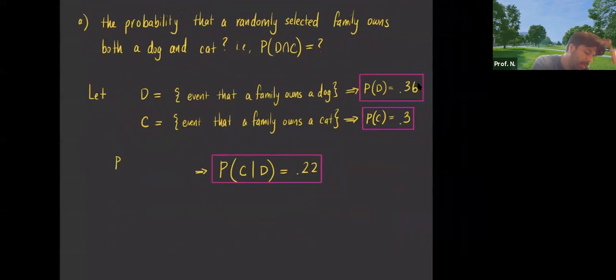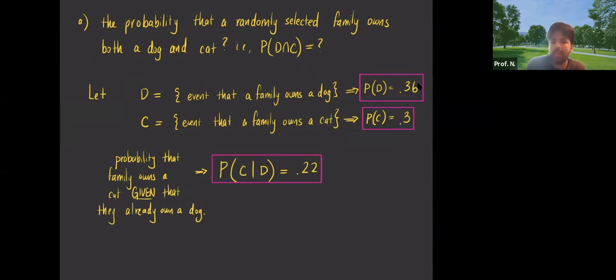So this is the probability that a family owns a cat given that they already own a dog.